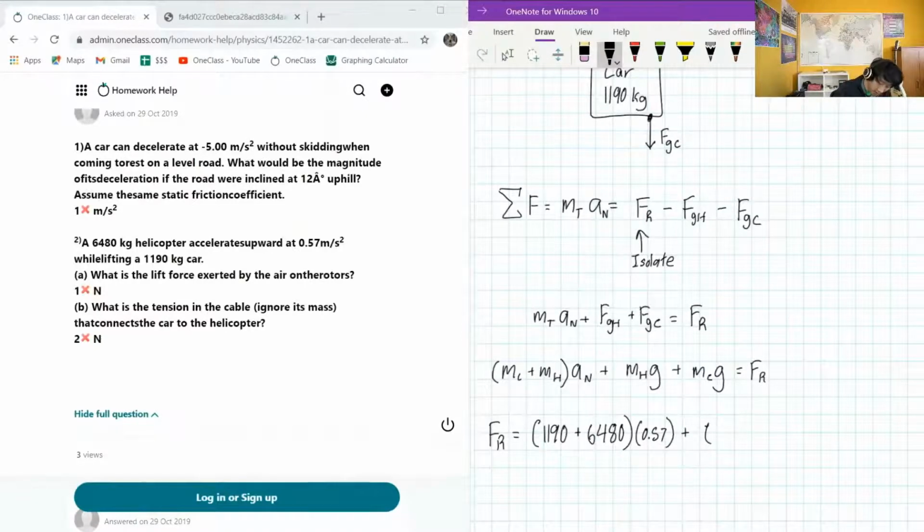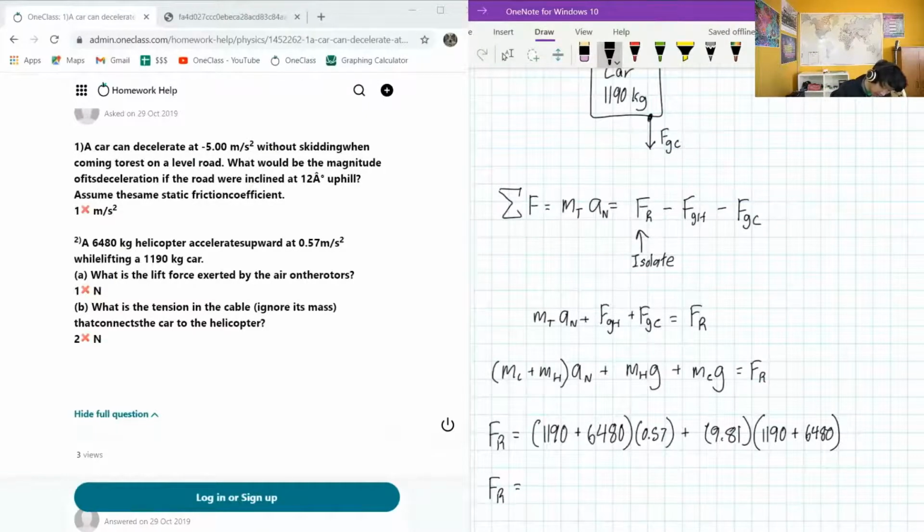Actually, for these two, we can factor out the g, so it'll just be a little bit easier. So 9.81 is their acceleration, and then it's going to be 1190 plus 6480. Okay, and we can actually make this calculation even a little bit easier to type in our calculator.